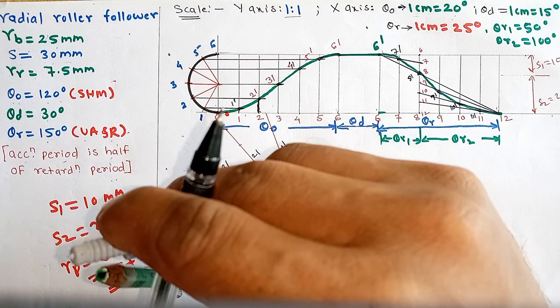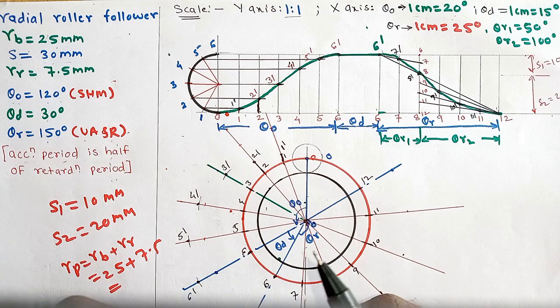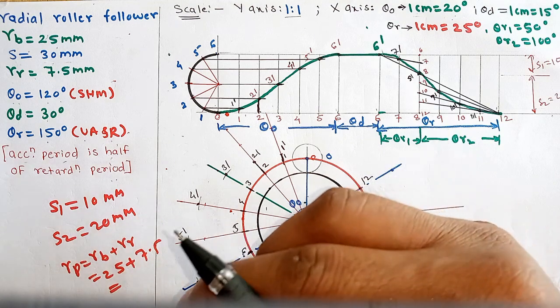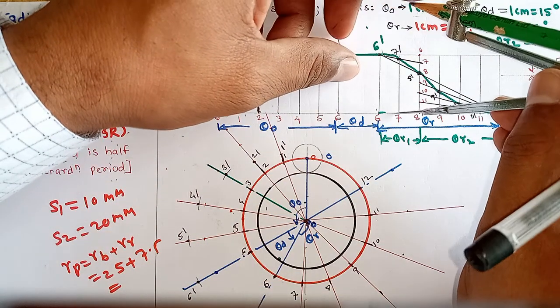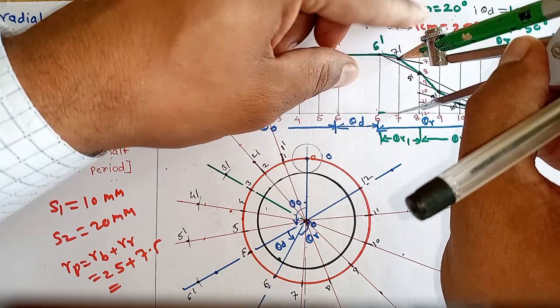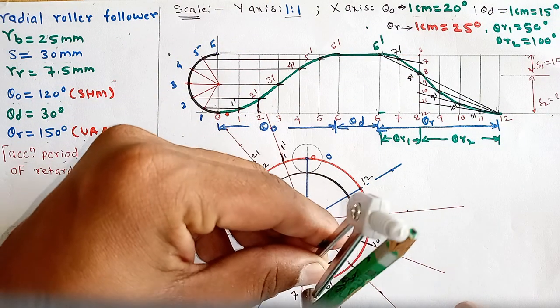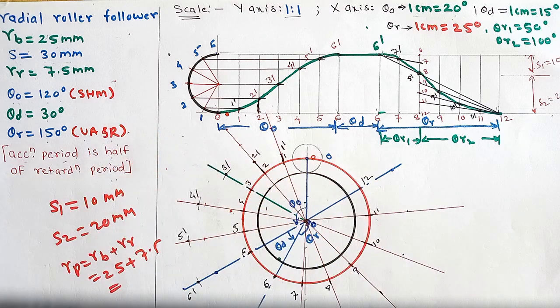We plot the displacement beyond the prime circle on the lines of action. So this is 6 dash, the end of outstroke, 30 millimeters. Now at instant number 7 we measure the displacement. We plot it beyond the prime circle on the corresponding line of action. So this is 7 dash.